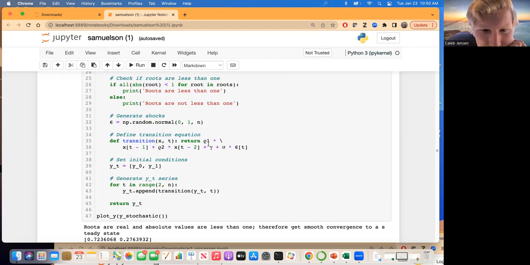So it's going to return r1 times X lagged 1 plus r2 times X lagged 2 plus gamma. Remember, it knows what gamma is. Plus sigma times your shock, the t-th shock. Everybody got that? It's exactly what Caleb said. Just remember the backslash means it continues on the next line.